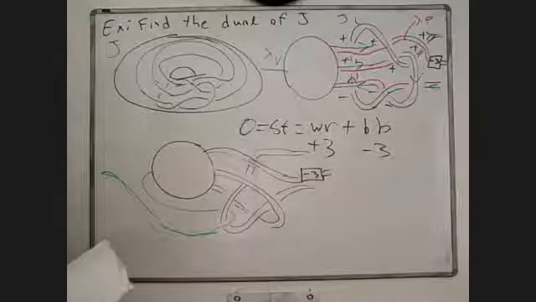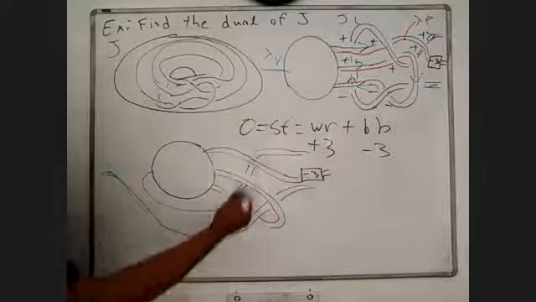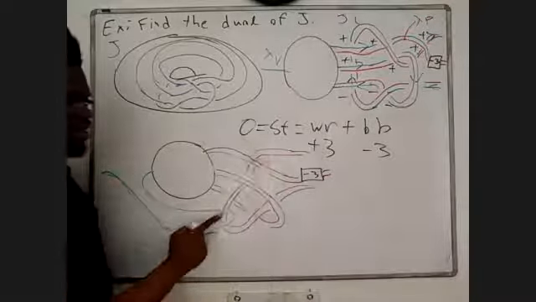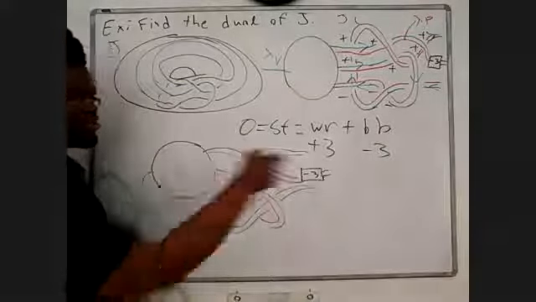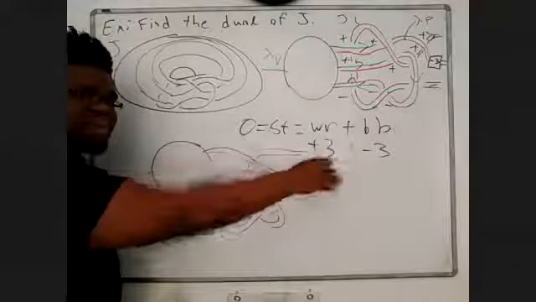Now we want to take this part right here and pull this all the way through the outside surface that's over here somewhere, through to the other side.